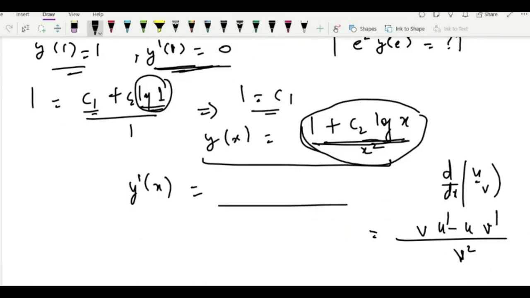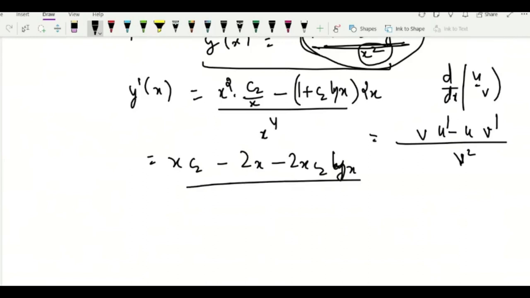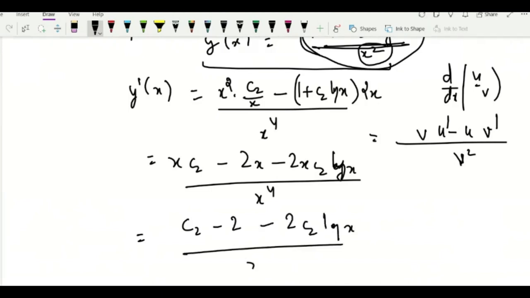So the lower part squared is x raised to power 4, and taking x square as it is, the derivative of 1 plus C2 log x is C2 upon x, minus (1 plus C2 log x) as it is, and the derivative of x square is 2x. So we get y dash x is equal to (x C2 minus 2x minus 2x C2 log x) divided by x raised to power 4, or taking x common, we get (C2 minus 2 minus 2 C2 log x) upon x cube.